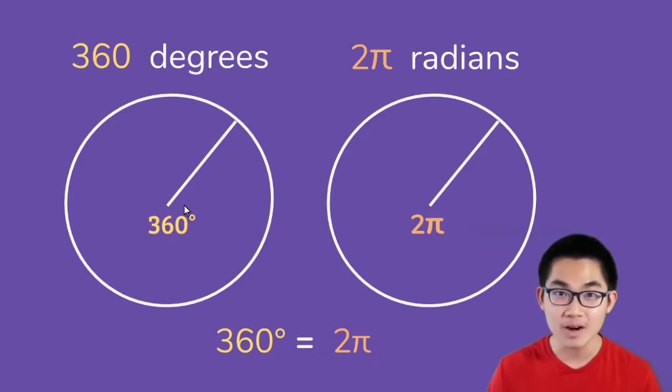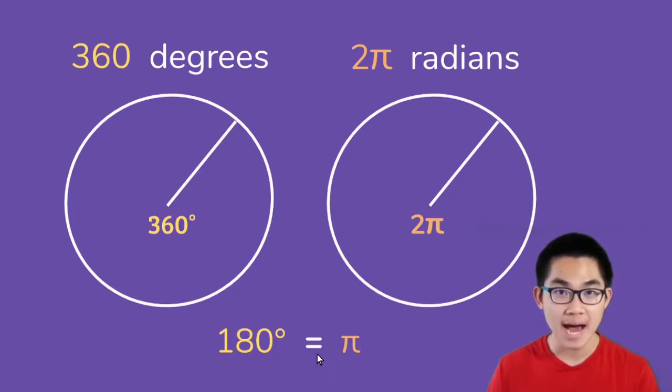But in the last problem, we found out that 2 pi radians is also the angle that covers the entire circle. So this means that these two are the same. And so because 360 degrees is the same thing as 2 pi radians, we can divide both sides by 2, and that gives us 180 degrees is equal to pi radians. And that's where we get the numbers from.